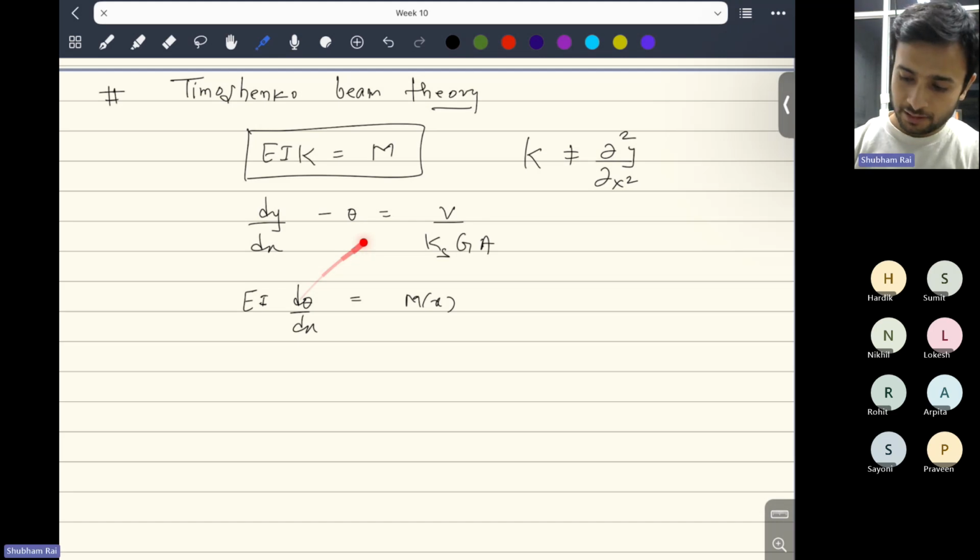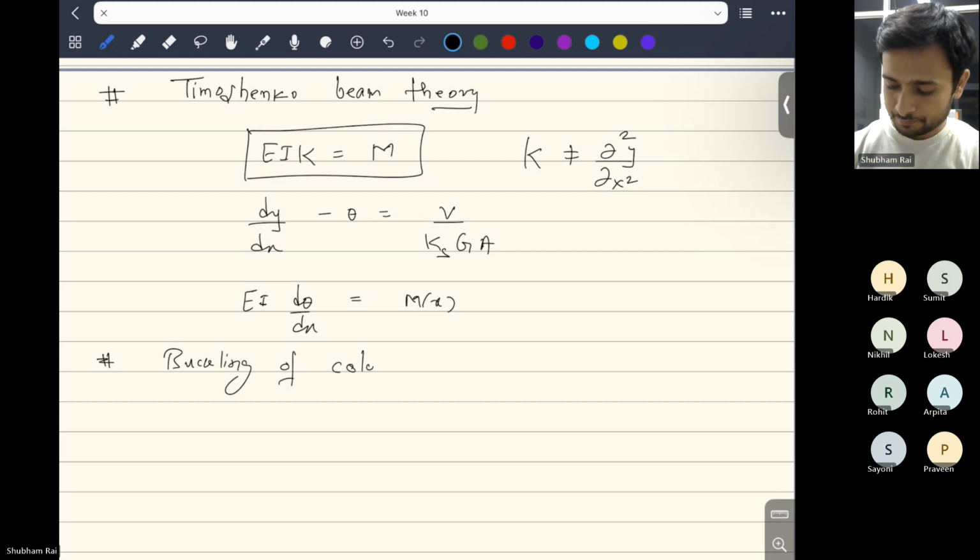So then at the last, buckling of columns has also been discussed in the lecture. So I'm just writing the formulas, buckling of columns. So the critical buckling load was pi square EI over 4L square.